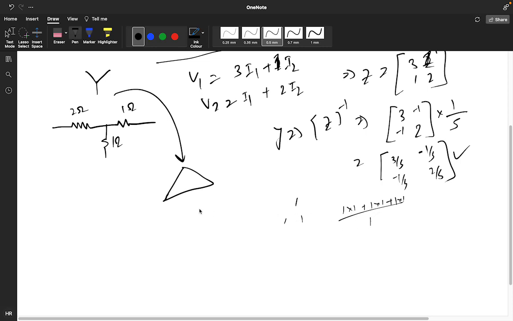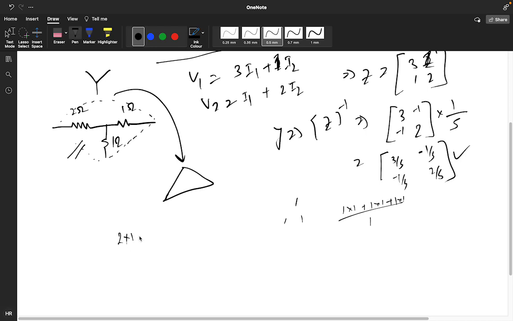If you want to calculate this part, what will be the star to delta conversion?